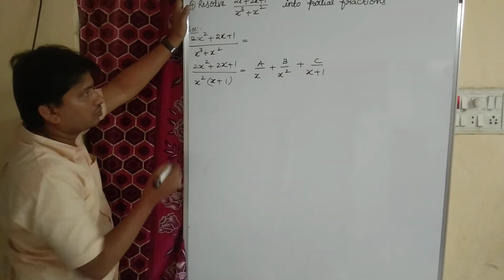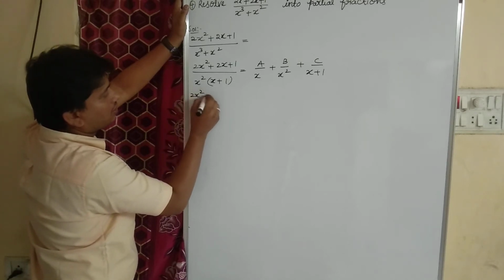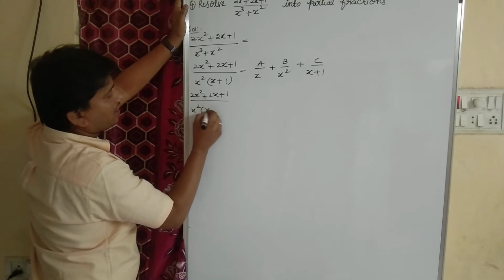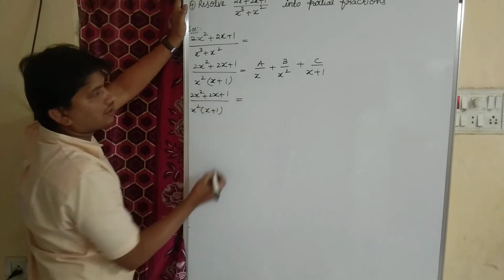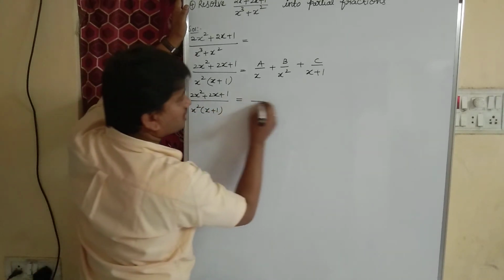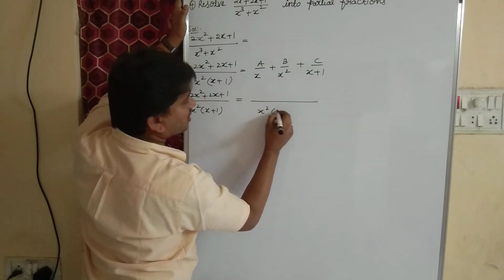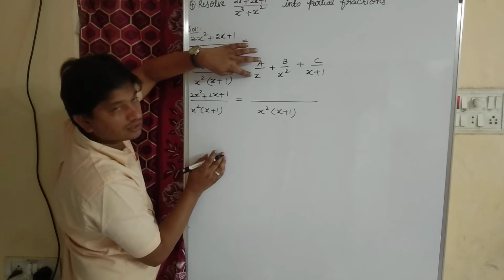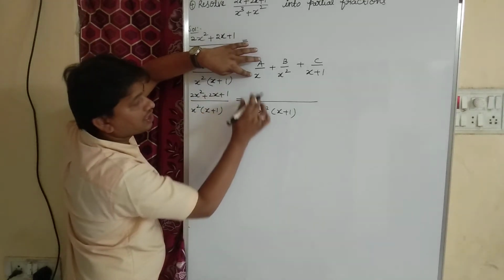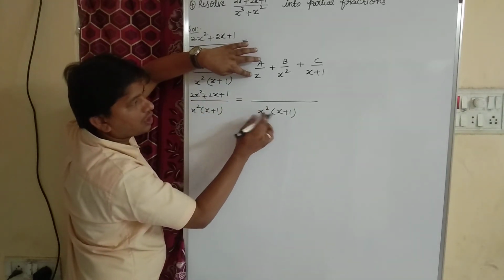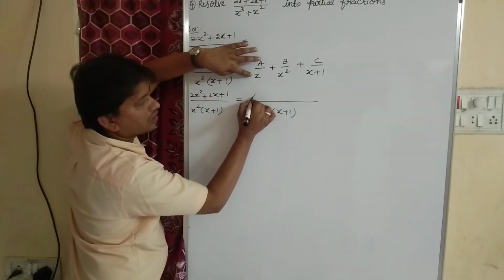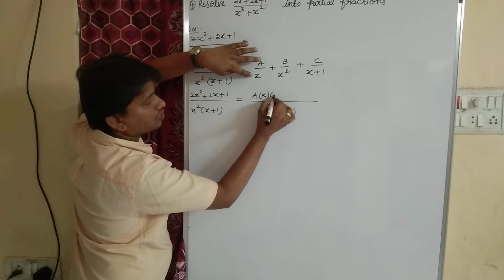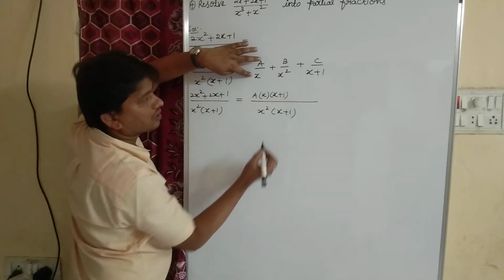Okay children, now 2x square plus 2x plus 1 divided by x square into x plus 1 equal to, what is the LCM here, children? The LCM is x square into x plus 1. Here we have only one x, and also we don't have x plus 1 term. So a into x plus 1, right?